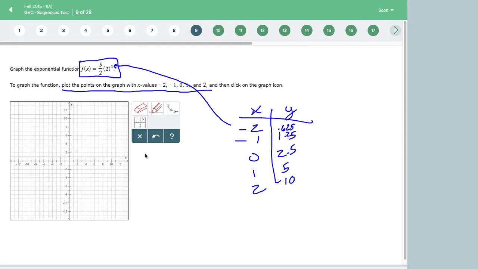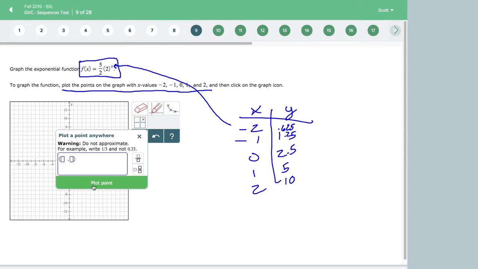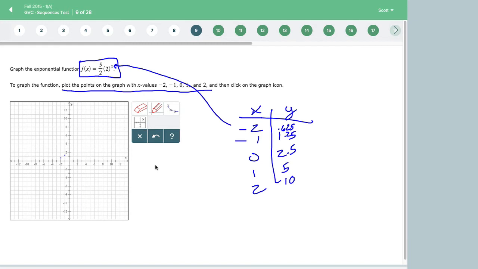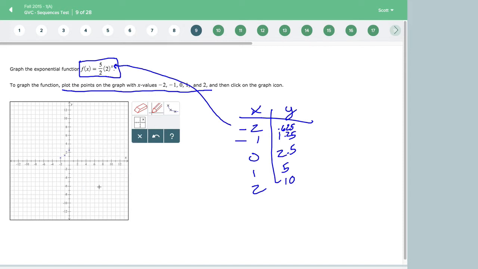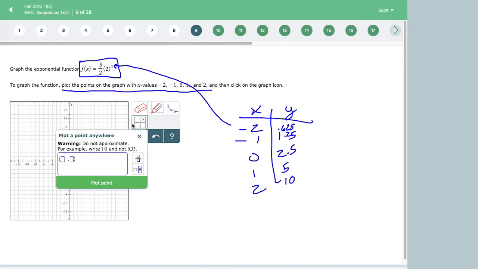There's that first point. And then I'm going to plot another point, and I got -1, 1.25. Plot the point. And then I'm going to plot another point. And I'm going to do this with every single point. 0, 2.5, plot the point, and 1, 5.